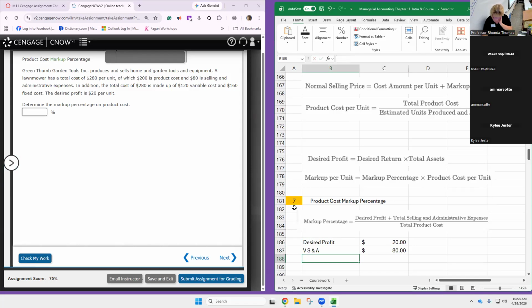And then we'll put these in the formula, and then we're going to divide by 200, which is product cost. Total product cost. Now this is total cost, but here's the product cost, 200. So let's put that in.